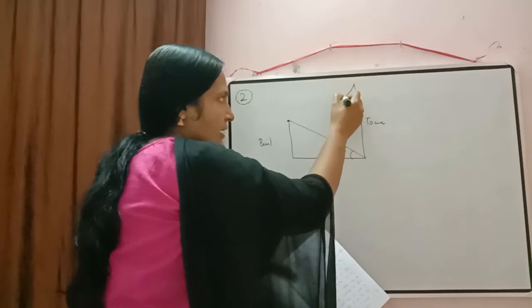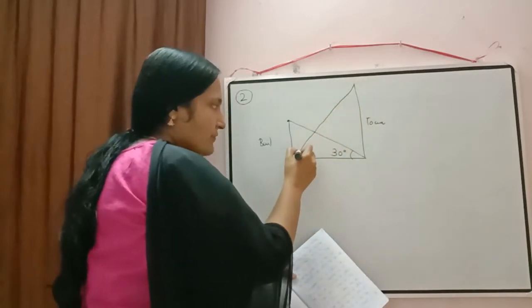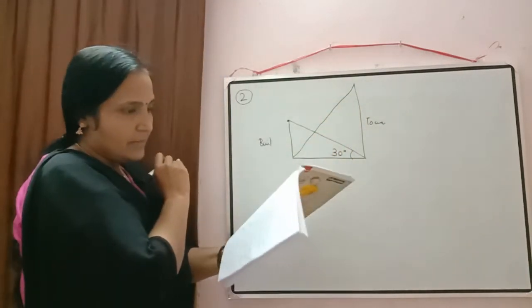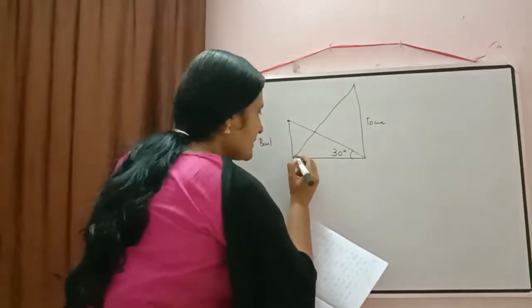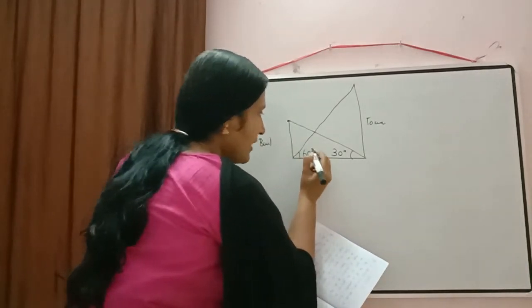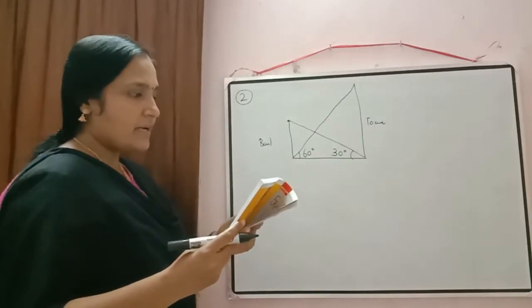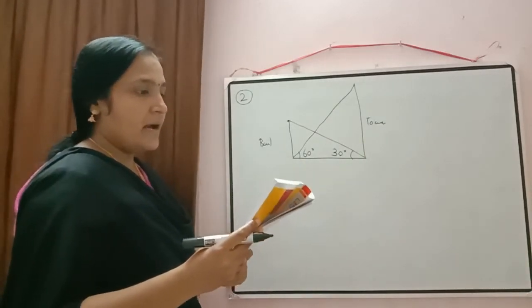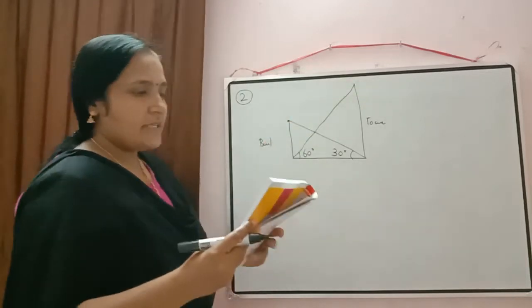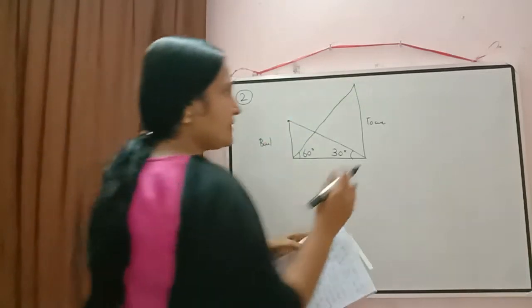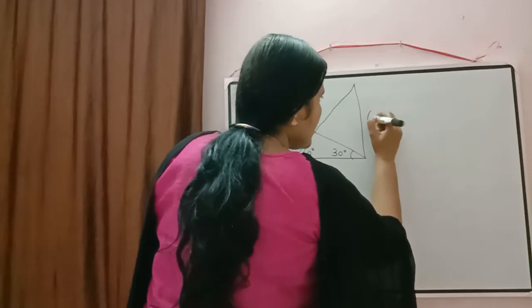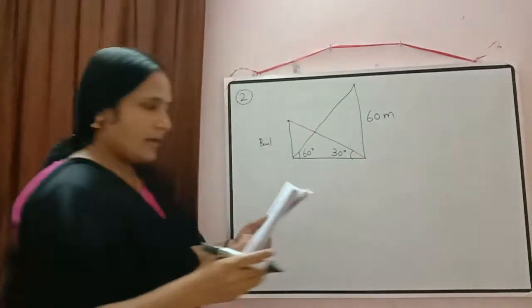So the angle of elevation of the top of the tower from the foot of the building is how much? 60 degree. So this angle is given as 60 degree. What we have to calculate now: the height of the tower is given as 60 meter.